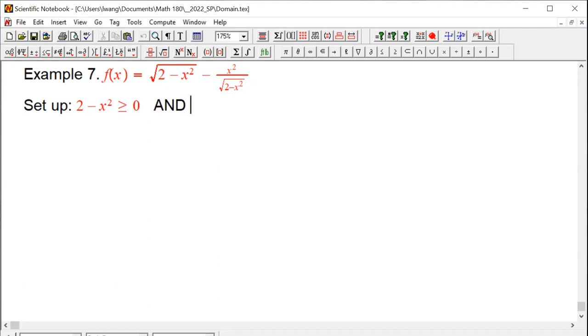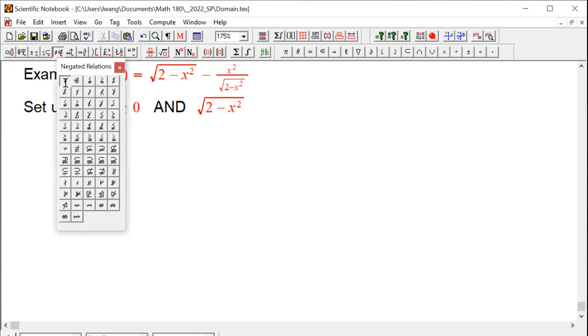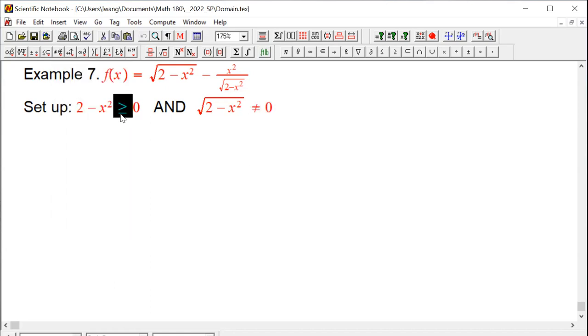On the other piece, which also has to satisfy, underneath, this whole thing cannot be 0, right? So underneath the square root, both need to be greater than or equal to 0, but it cannot be 0. As a result, the consequence of combination is that you're going to have 2 minus x squared larger than 0.